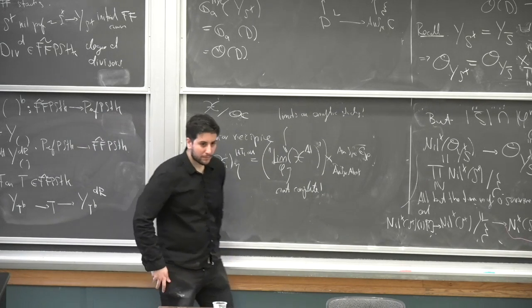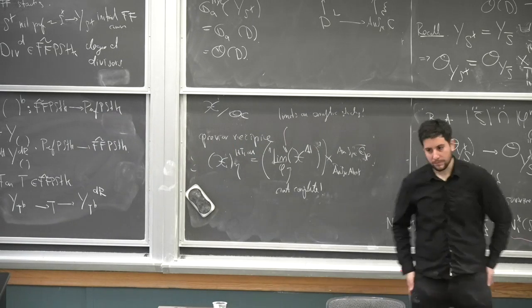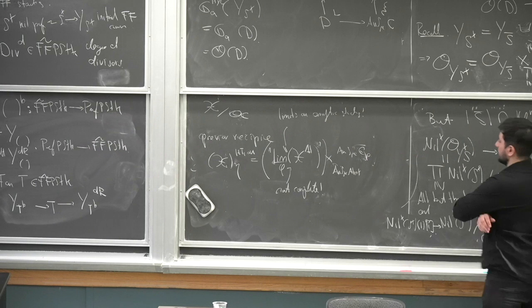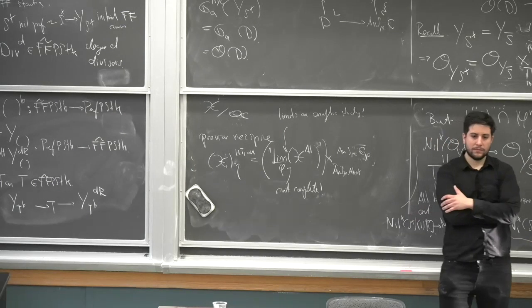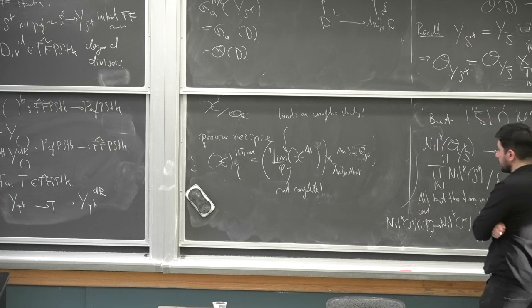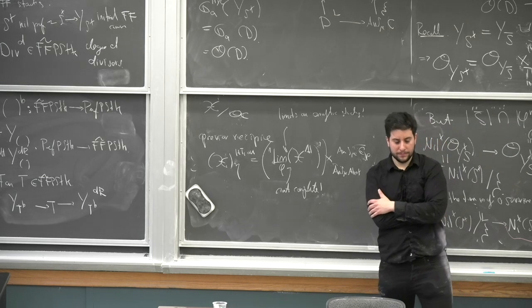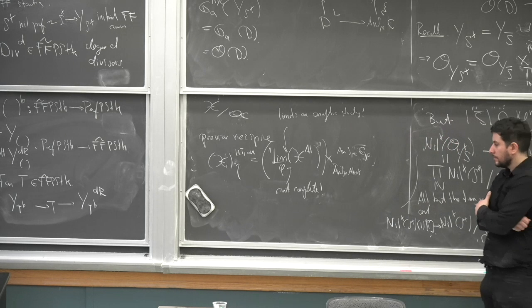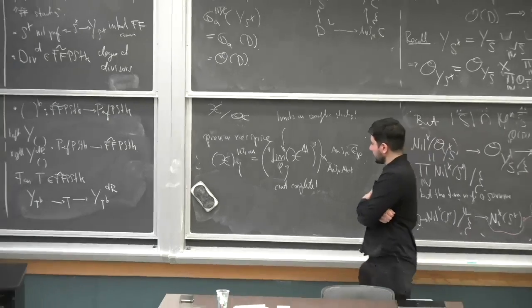Mhm. So my hope is that what you get by this construction is a projective limit of rather classical analytic spaces. And then you just have to consider the corresponding proposition.